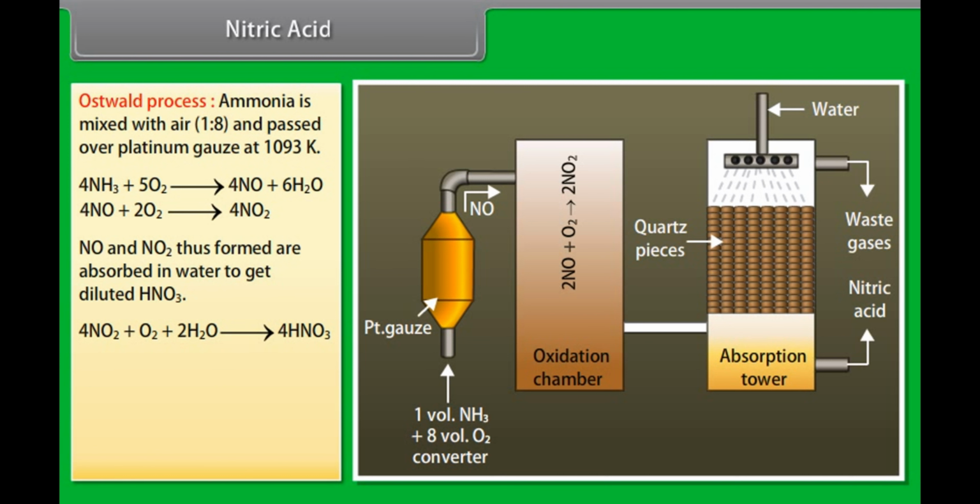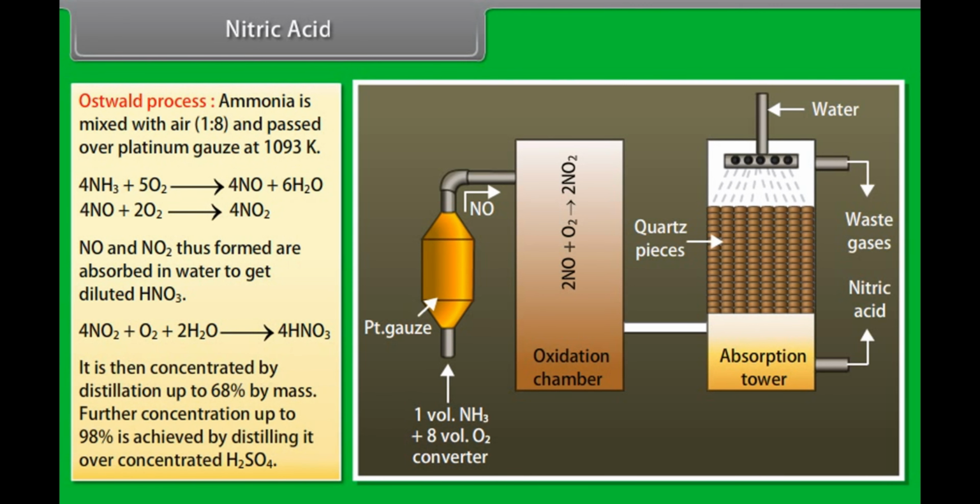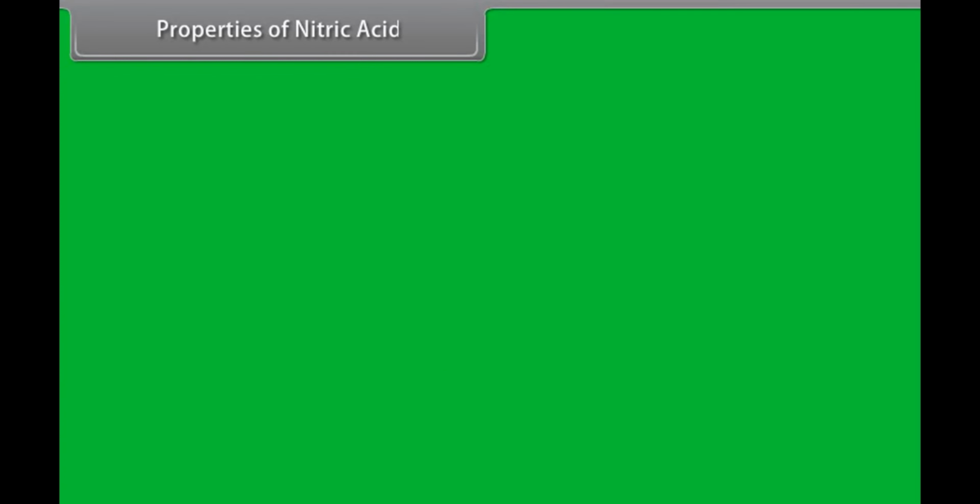NO and NO2 thus formed are absorbed in water to get diluted HNO3. It is then concentrated by distillation up to 68% by mass. Further concentration up to 98% is achieved by distilling it over concentrated H2SO4.